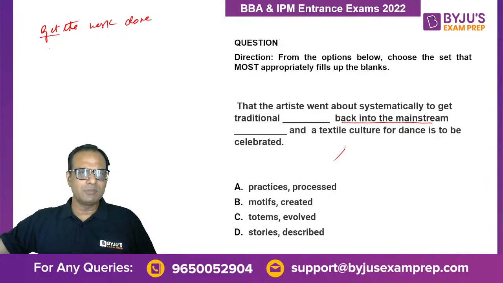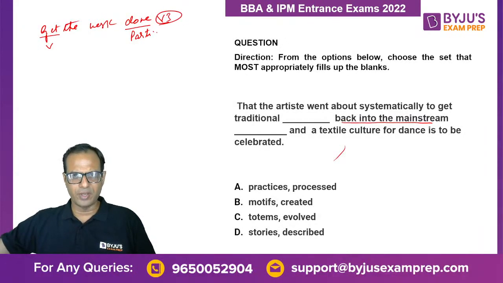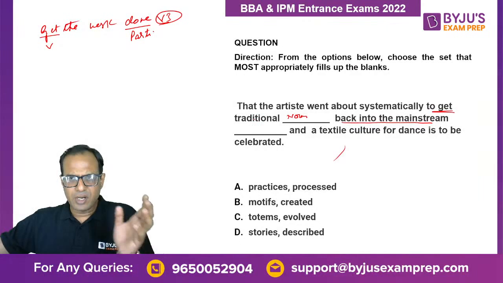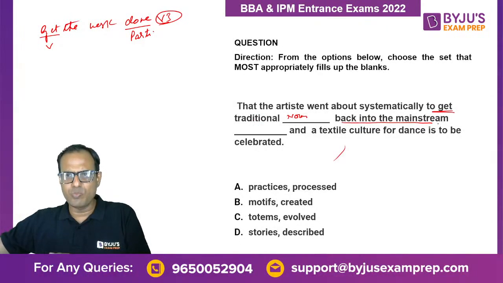I am using a verb and a participle, or the third form of the verb. Third form of the verb is a participle over here. So we need a verb over here. To get traditional what? I'm sorry, not a verb, a noun. To get what? Traditional dash back into mainstream.